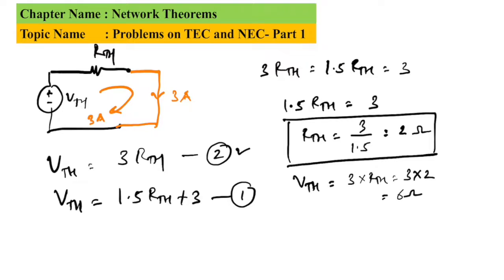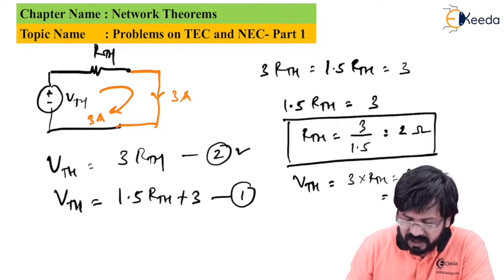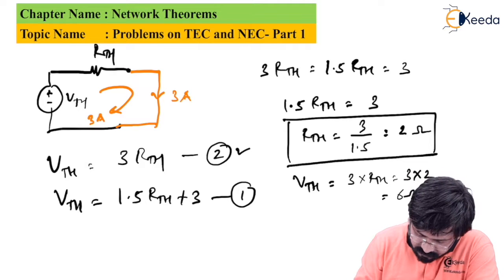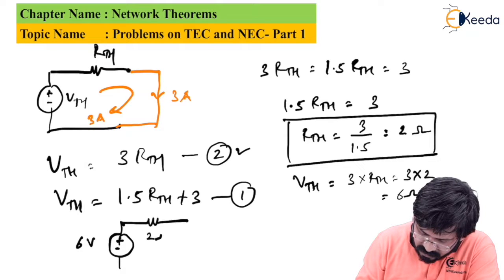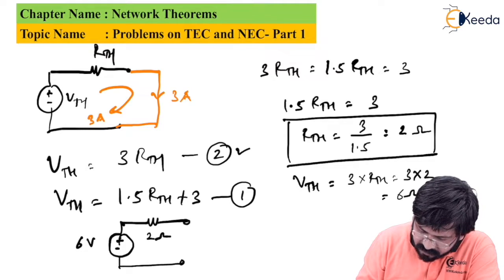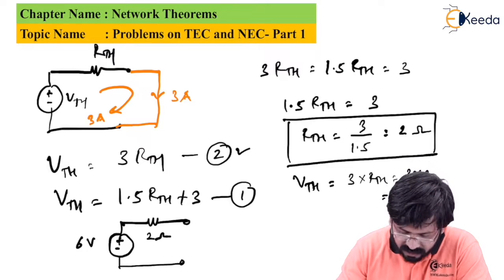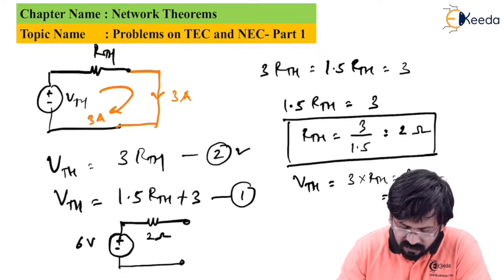So now we have VTH value as 6 and RTH value as 2. Finally, we have this type of circuit. Let us go back to the question and see what they are asking.